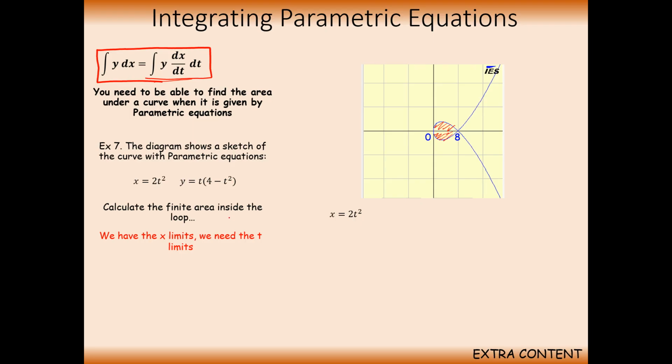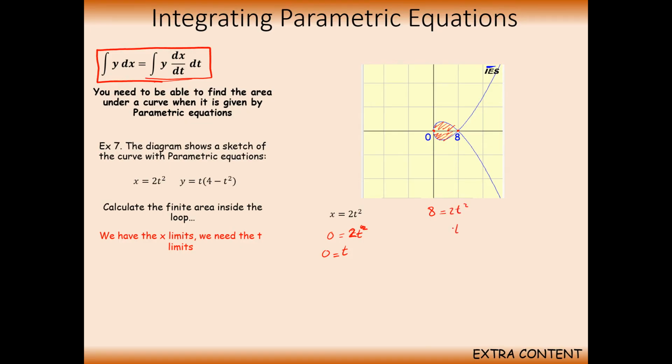So first, let's figure out what the values of t at the boundaries are. So when x is 0, 2t squared can only be 0. 0 by 2 is 0 and t will be 0. Now when x is 8, what's the value of t?